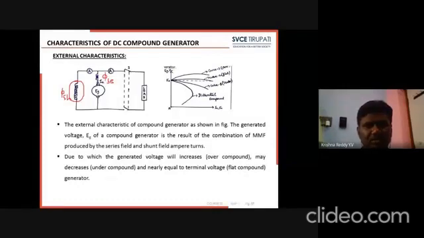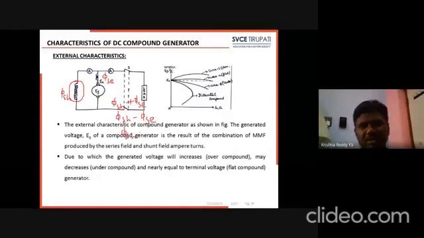Now these two fluxes may be either adding, φsh plus φse, or subtracting, φsh minus φse, where φsh is the higher value.